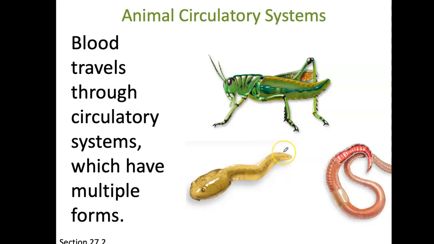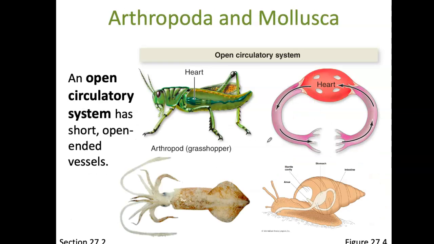Let's look at some animal circulatory systems, because these animals do have a circulatory system, a worm and a grasshopper, and they look quite different to what yours would look like. So in the arthropods and in the mollusks, they have an open circulatory system. So what's that mean? It means that they have something that looks kind of like a heart, and it's a muscle, and it's able to pump this fluid, not always called blood.